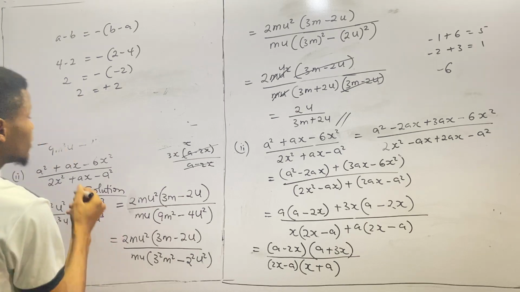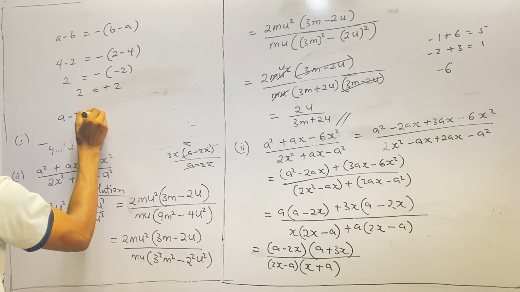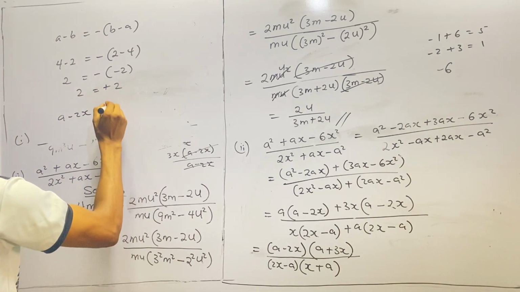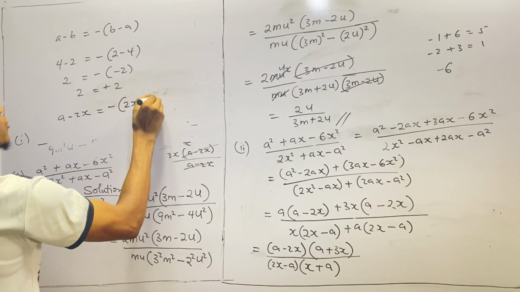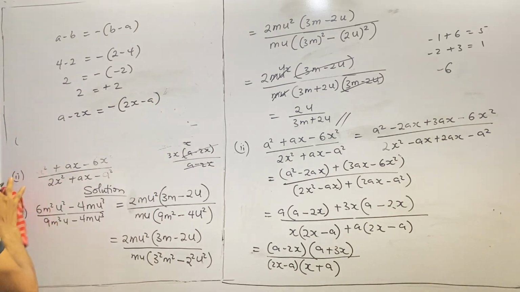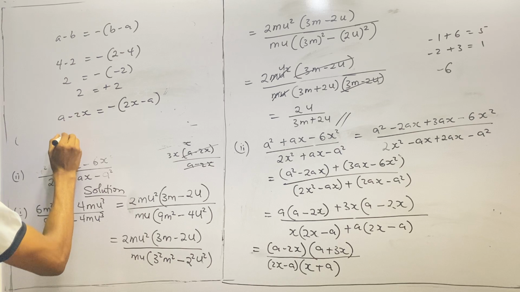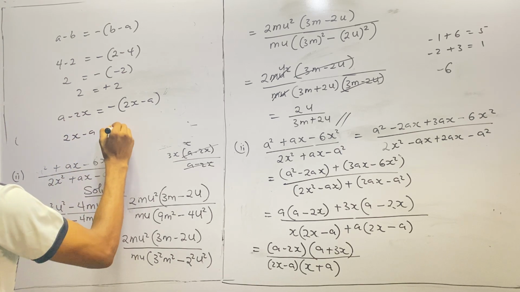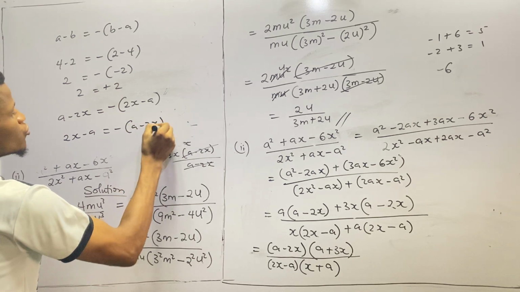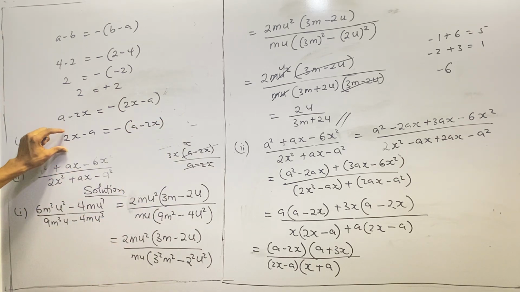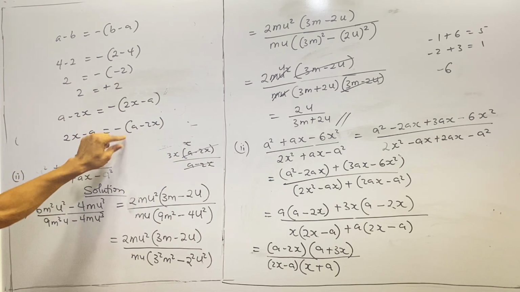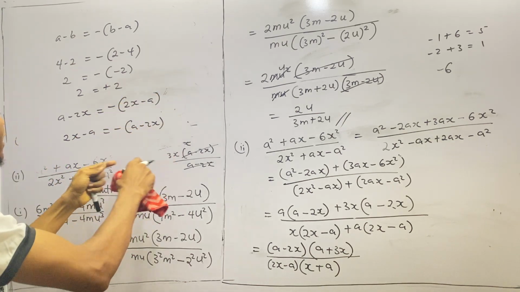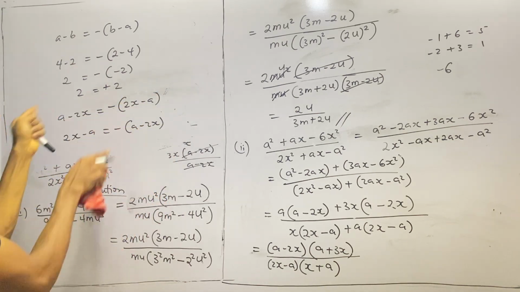So therefore, I can say that a minus 2x is the same as minus, open bracket, 2x minus a, or I can start with this: 2x minus a is the same as minus, a minus 2x. So a term minus another term is minus: you open a bracket, you reverse the terms.